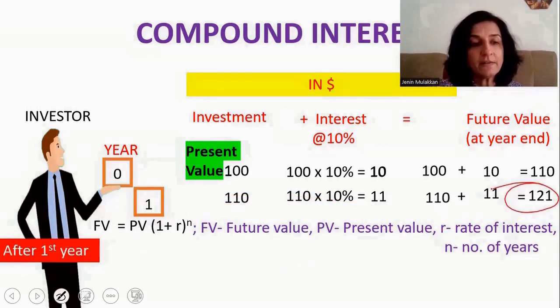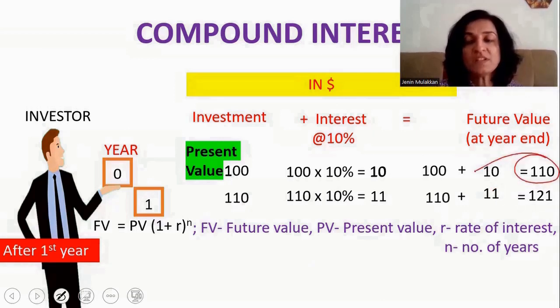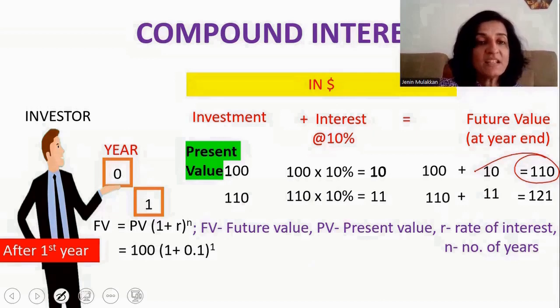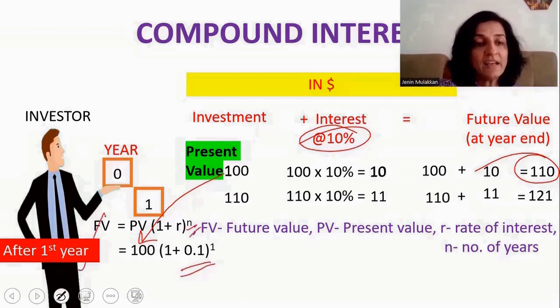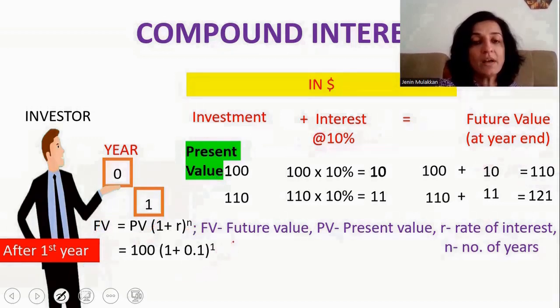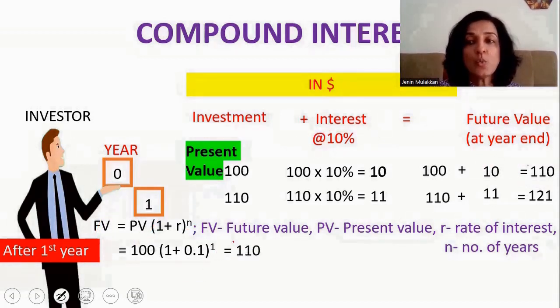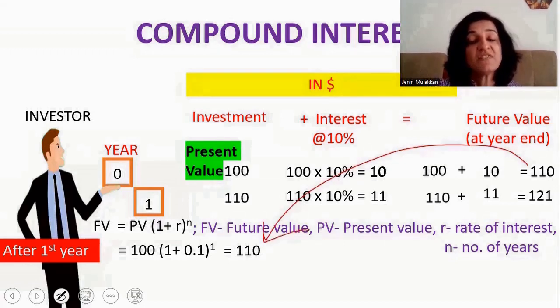So after the first year, the future value is $110. Which means that present value is $100, 1 plus R, R is 10%, which means that it is 0.1. And N, because it's at the end of first year, N or the number of years will be equal to 1.